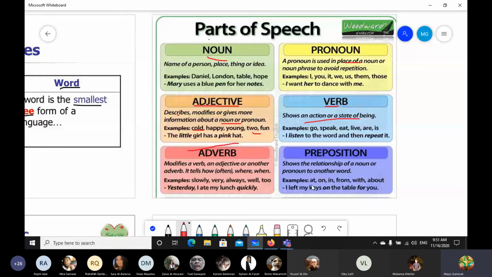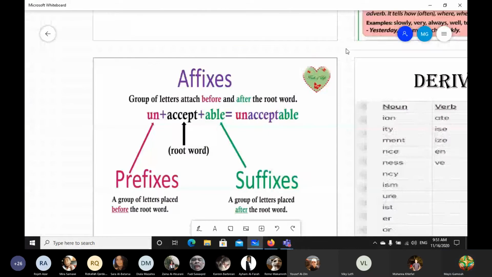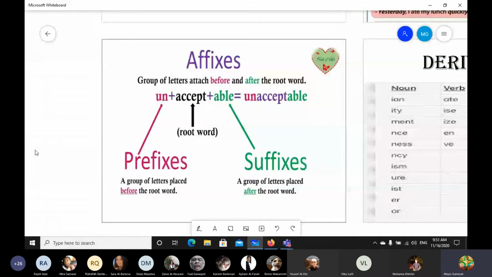So here we have the root that we are going to form our word from, which is the word accept. And here, accept is a verb, all right?